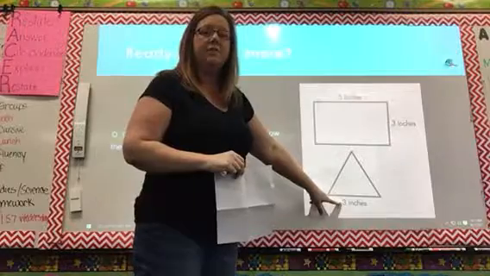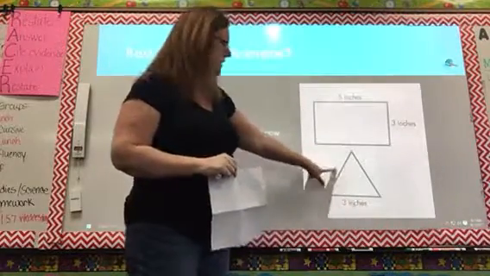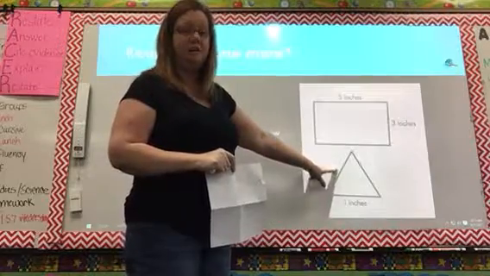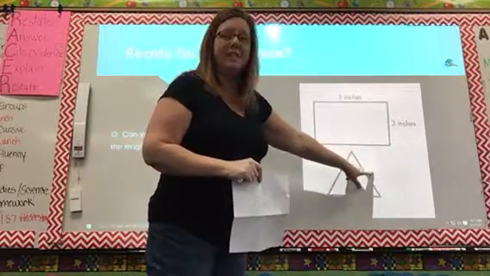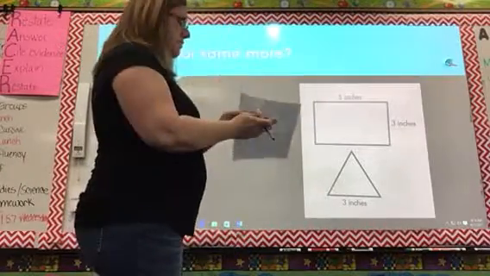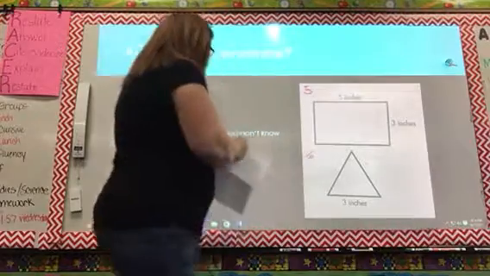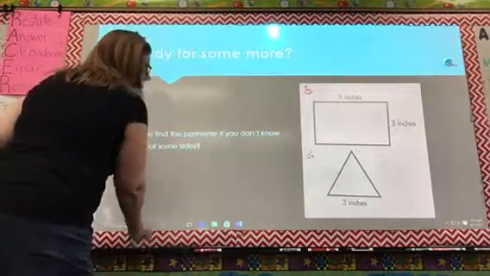This is an equilateral triangle. All sides are equal. So if this side is 3, what is this side going to be? Also 3. So what will that side be? Also 3. Okay? This is going to be problems 5 and 6 on your paper.